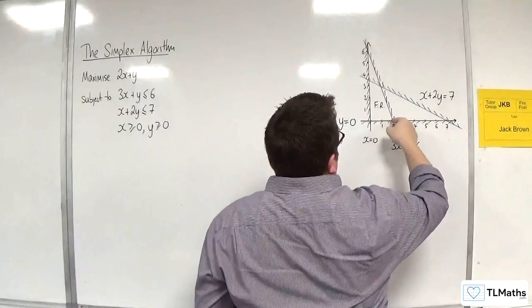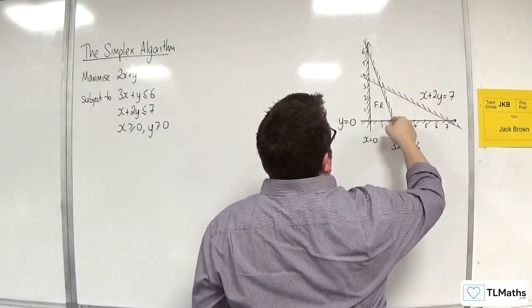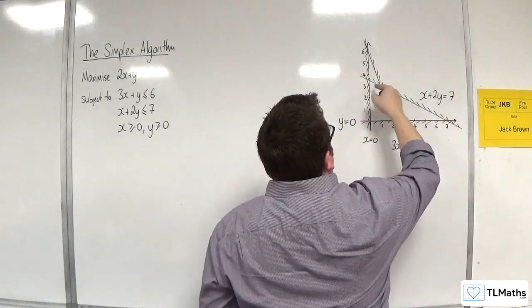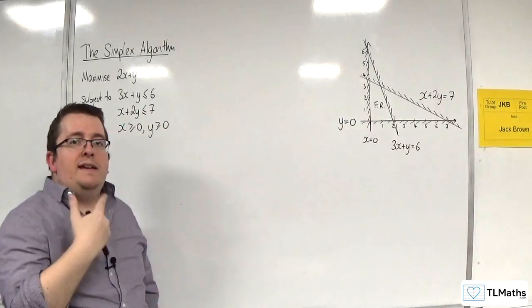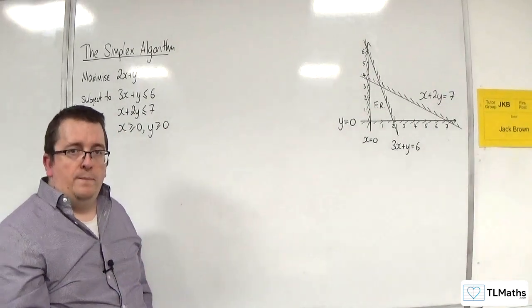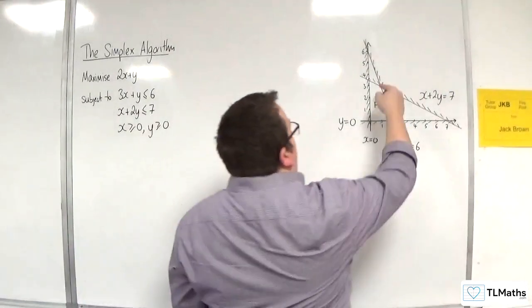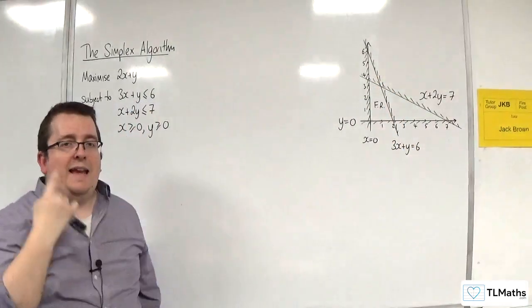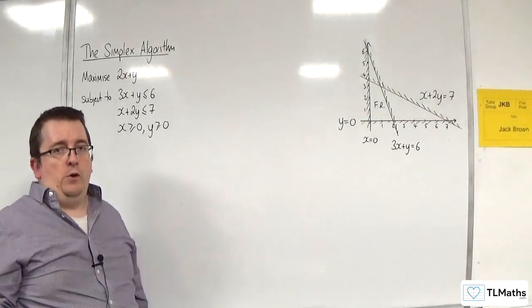And if it can be improved, then I'm going to travel along this line up to the next vertex. And then I test at that point, can the solution be improved? If it can be improved, then I need to keep going, and I'll go through another iteration of the algorithm to get to the next vertex, and so on.